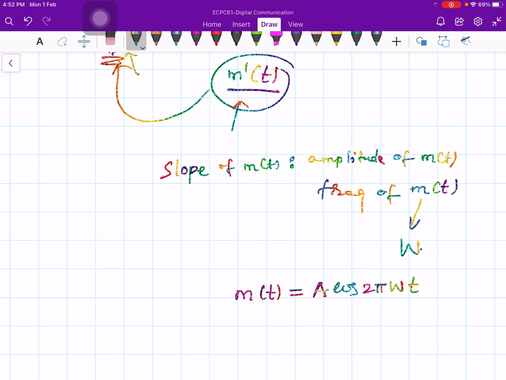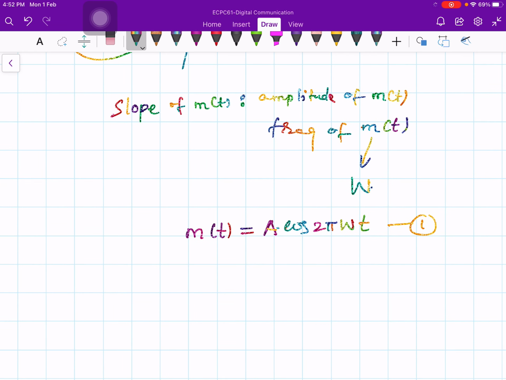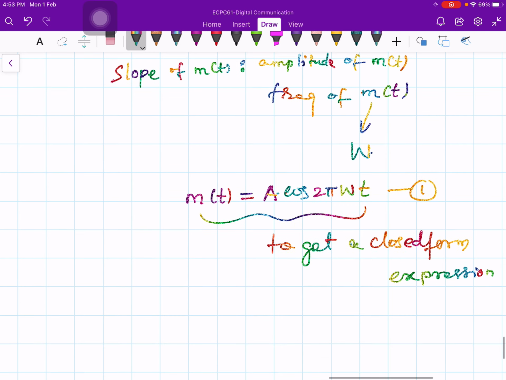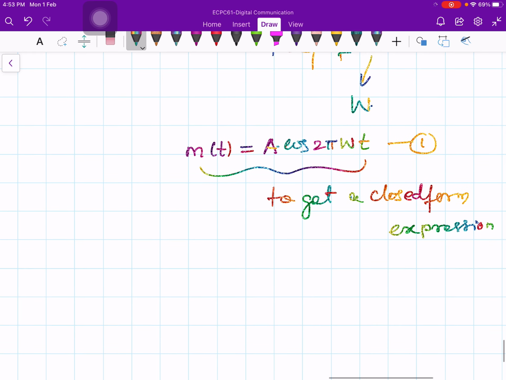I am assuming this cosinusoidal function, to get a closed form expression, nothing else. But in practice, we never take a cosinusoidal function and do the delta modulator. It's only for analysis purposes.